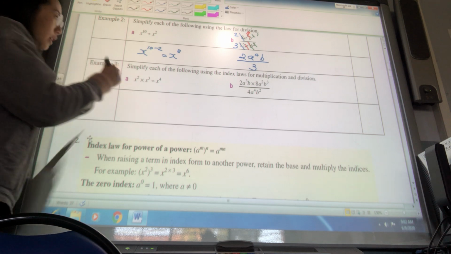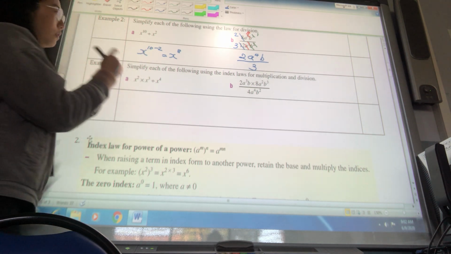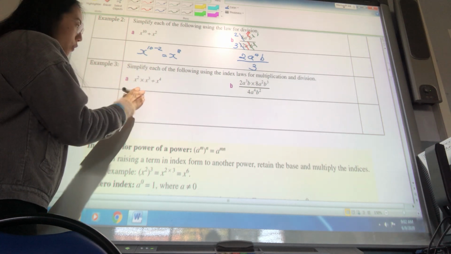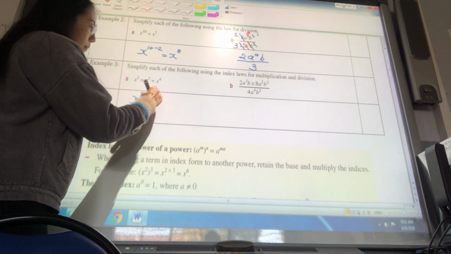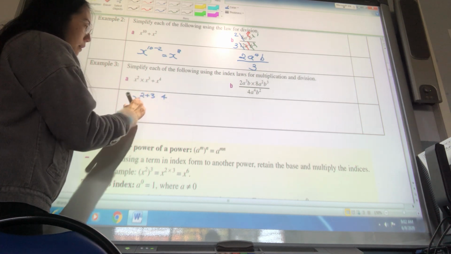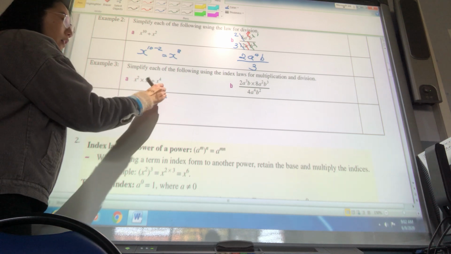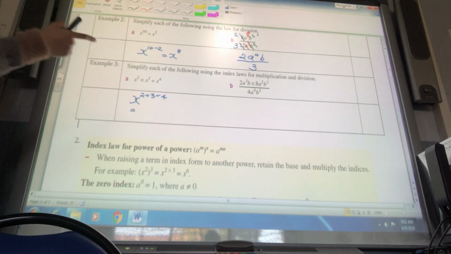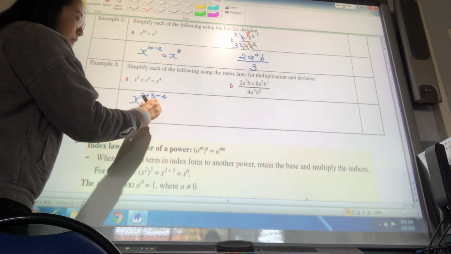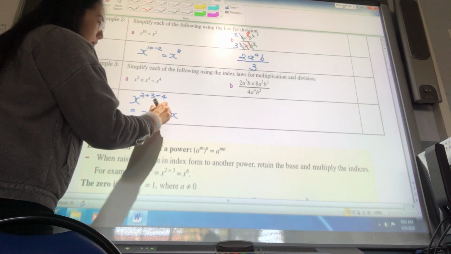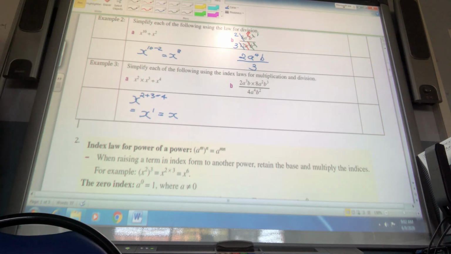I think the only part you got incorrect was the order. So it's x to the power of 2 plus 3 minus 4, right? You can put it into a calculator, but this is easy enough to do in your head. So this is just x to the power of 1, which is x.